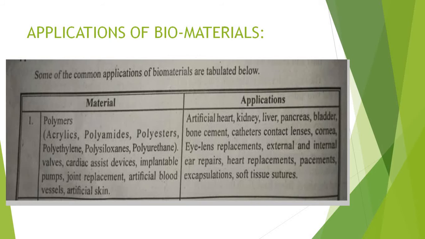Next, these are the applications of biomaterials. Some of the common applications of biomaterials are tabulated below. Biomaterials can be derived or synthesized in the laboratories using a variety of chemicals, including compounds or materials, that is polymers.